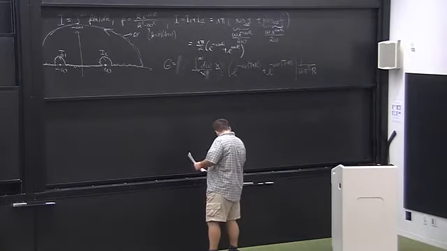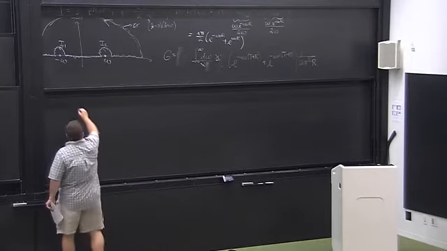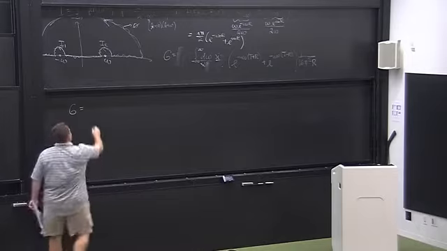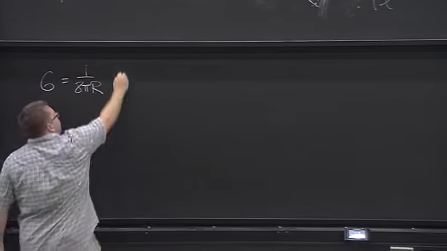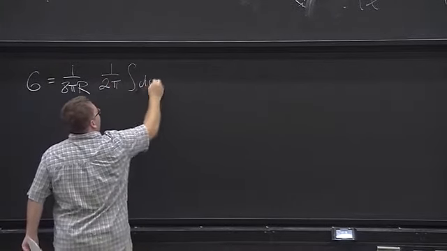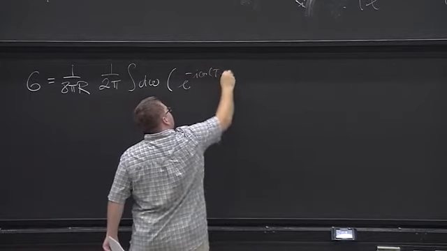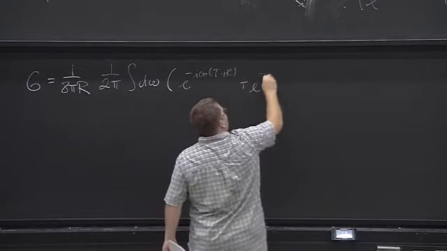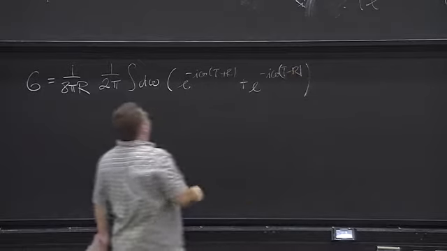So we have that g, okay, a little stupid, is 1 over 8 pi r, and then I'll put 1 over 2 pi, and then the integral d omega, and then e to the minus i omega (t plus r) plus e to the minus i omega (t minus r). So this is what it is.